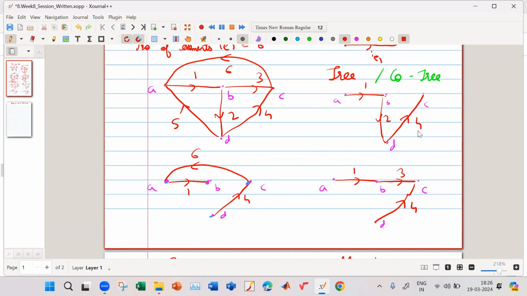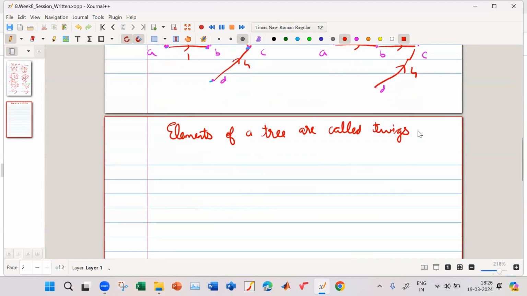So what's the relationship between the number of twigs and the number of nodes? The number of twigs is equal to the number of nodes minus 1. Correct. So the number of twigs is equal to the number of nodes minus 1. Okay.